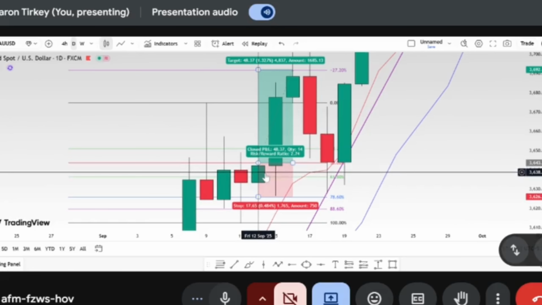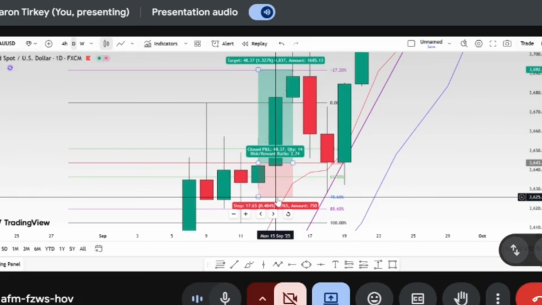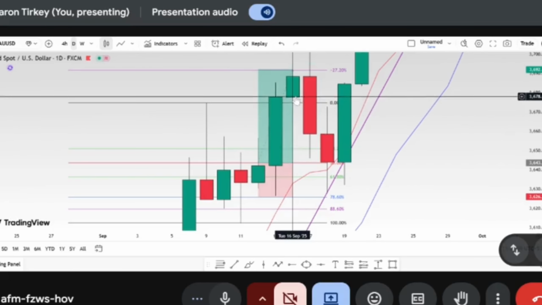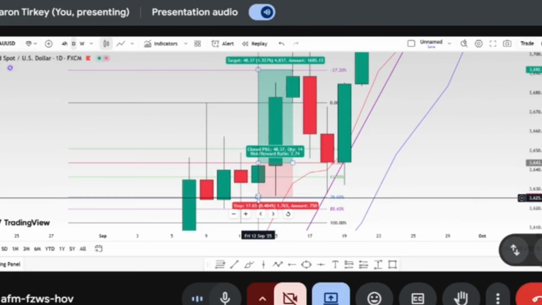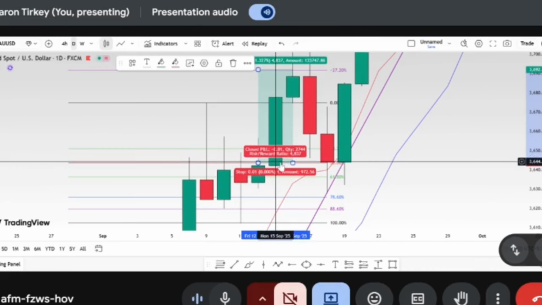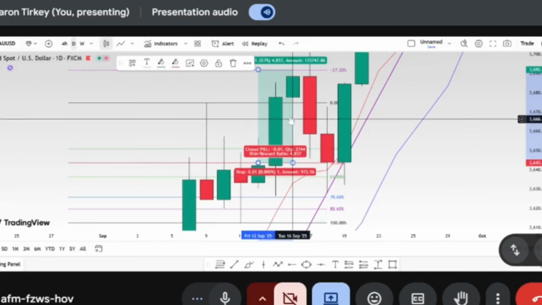This is our first replacement at this level, and then your second replacement is right here at this bullish candle of the last week. So now I reduce my risk, and here now my risk is zero.